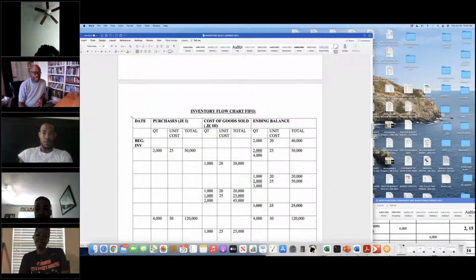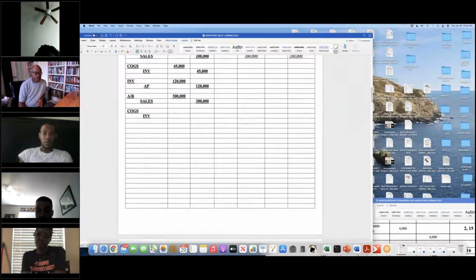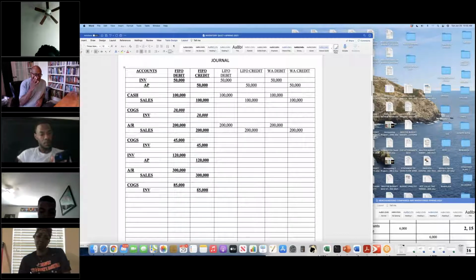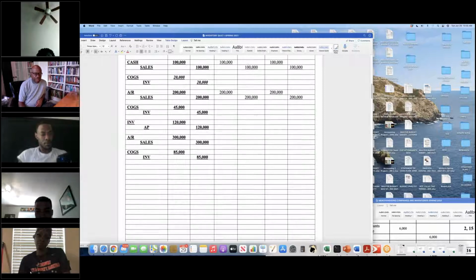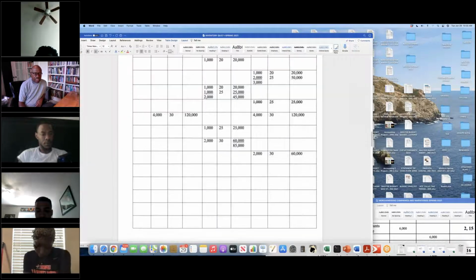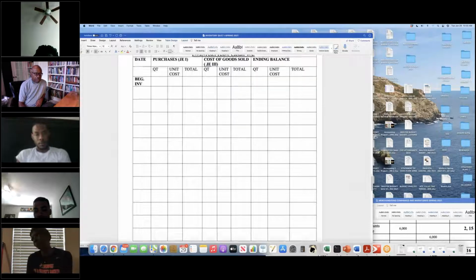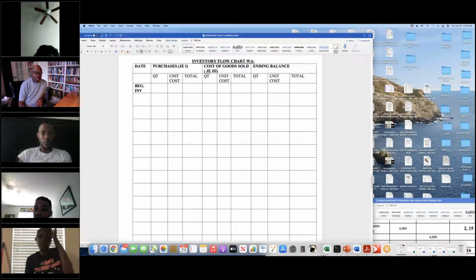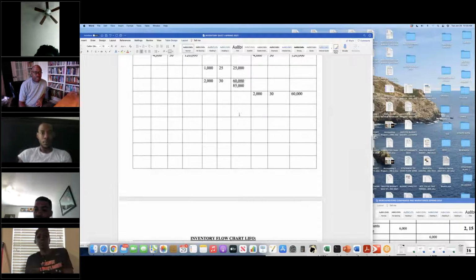We're gonna put this 85,000 in that journal entry, the cost of goods sold. And then we're going to put this 85,000 into the T account for cost of goods sold, so that we can easily come up with the profit that we made on the sale.